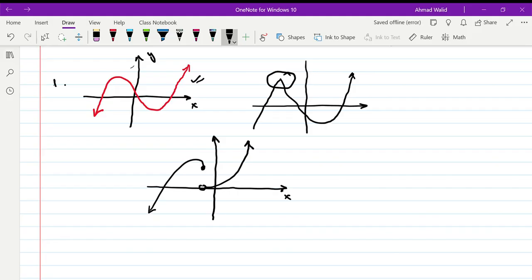This graph has two parts in it. There is a gap from here to here, correct? This is not representing a polynomial function. It means the graph of a polynomial function also doesn't have a gap, correct? No corner, no gap. These are the characteristics of a graph of a polynomial function.